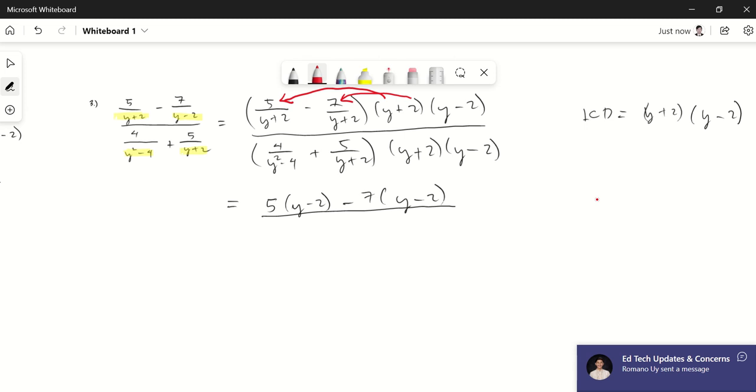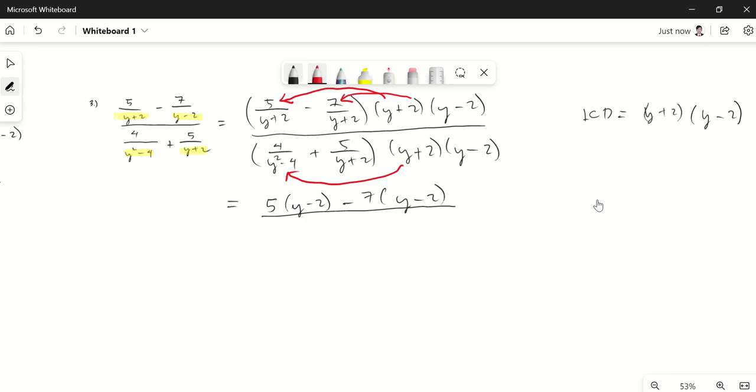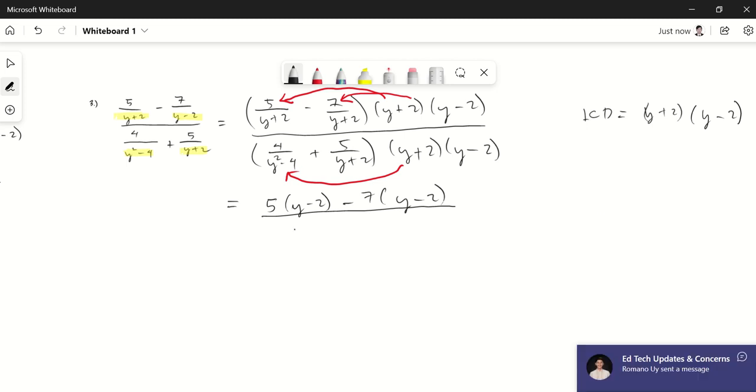In the denominator, you also distribute the LCD to each term of our denominator. So if you multiply that, the y squared minus 4, if you factor that out, that's y plus 2 times the quantity of y minus 2. So everything will be cancelled out, and what will be left is just 4. Then LCD multiplied to the second term, the y plus 2 will be cancelled out, and what will be left is just 5, and the y minus 2.